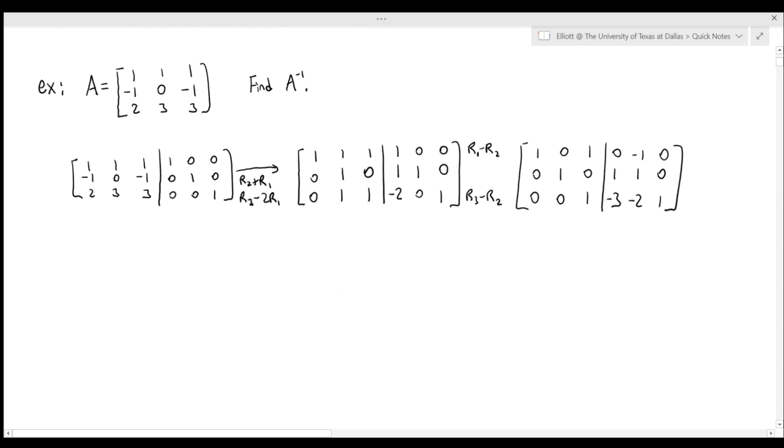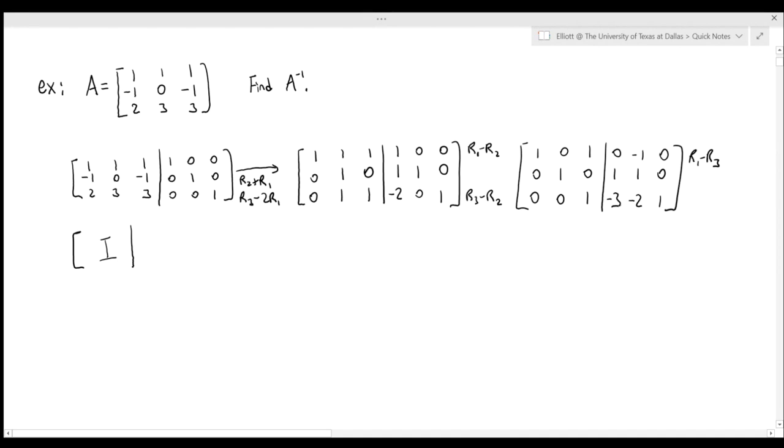And here we're almost done. We just need to get rid of this 1. So to do that, we have to use this guy as our pivot. So we'll do row 1 minus row 3. So when we do that, we finally get the identity on the left.